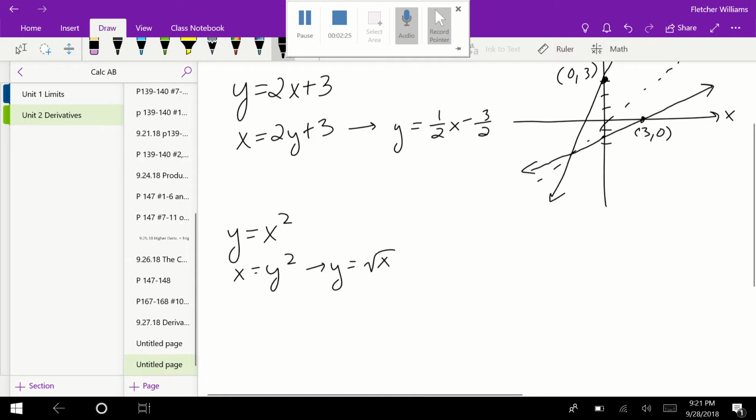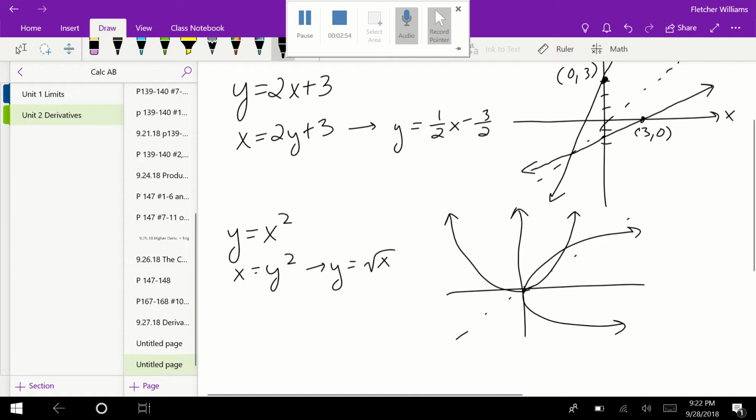That's because for inverse functions, you want them to be what's called 1-to-1. So don't draw this yet. Basically, if you had drawn a complete y equals x squared function and then reflected it about the line y equals x, you would get this thing, which is actually not a function.